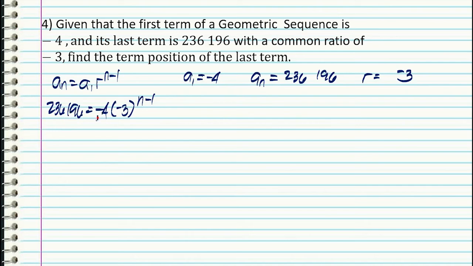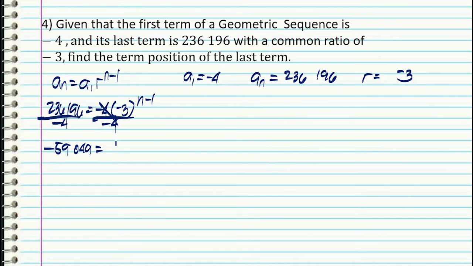So 236,196 divided by negative 4. Negative 4 divided by negative 4 cancels out. 236,196 divided by negative 4 is actually 59,049, and since we have positive divided by negative, this is negative.